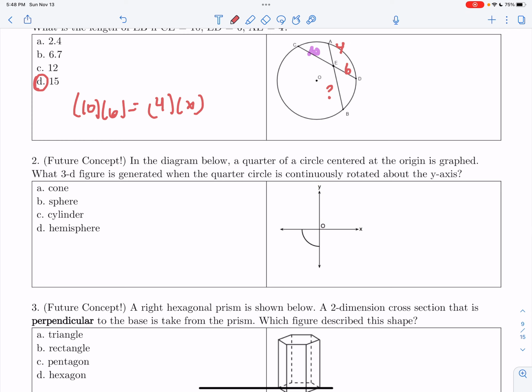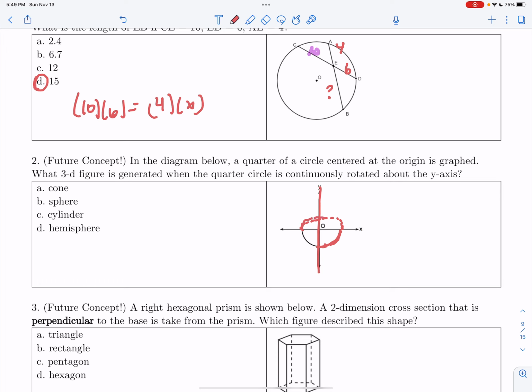Number 2 is another geometry concept, which I think you should be able to get. You have a quarter circle, and you're going to rotate it about the y-axis. So if you rotate this little quarter circle, and you want to find the 3D shape of it, well, what happens is that you're going to get this thing right here.